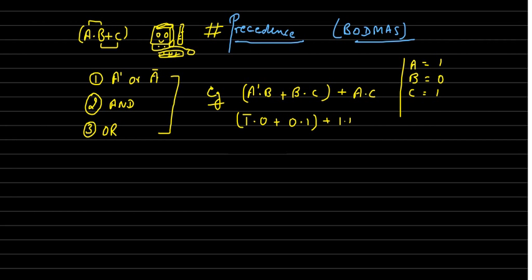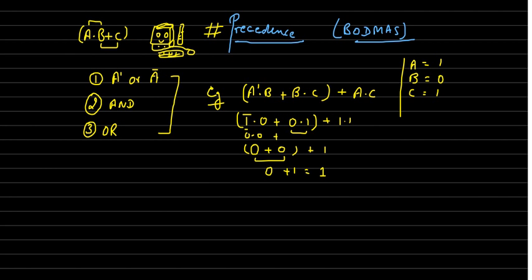On solving the complement first, we get 0, as this becomes 0 dot 0, which is 0, and 0 dot 1 gives 0, and then we have 1 dot 1, which is 1. Now 0 plus 0 is 0, and plus 1, so we get 1.